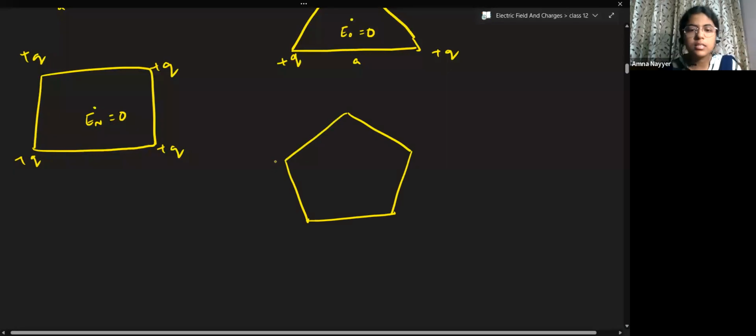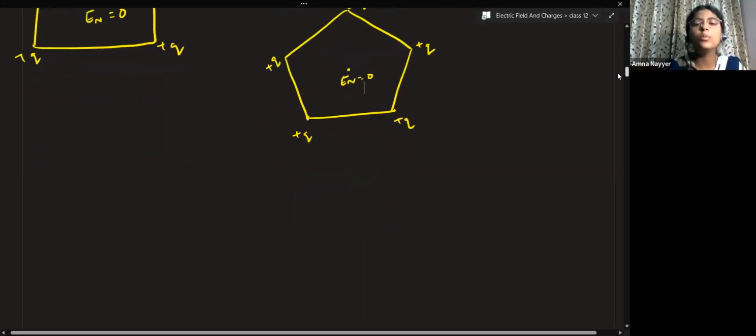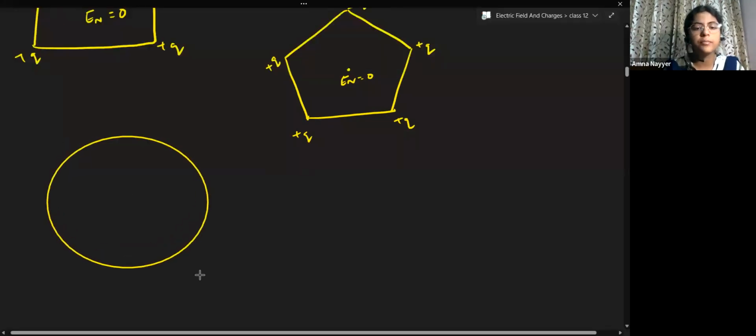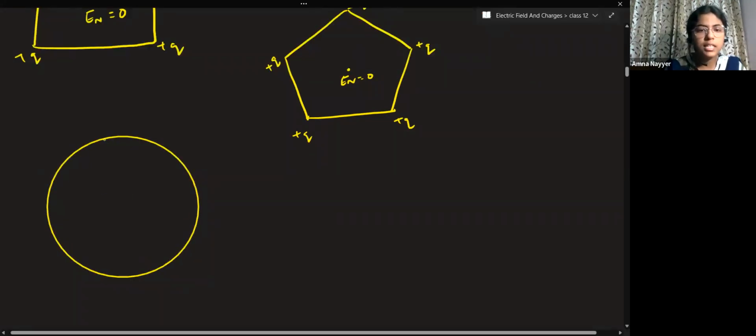If it has all the magnitude of the charges same, plus q, then at the center net electric field will be 0. So ultimately, if you keep on increasing the lines, you will conclude it for a circle. So for a circle, if there are numerous charges placed at the circumference, you can directly say net electric field at the center is 0. All right, so just note it down as well.